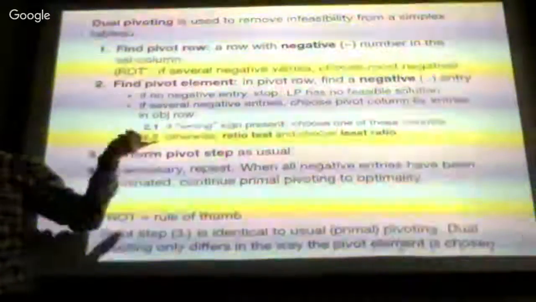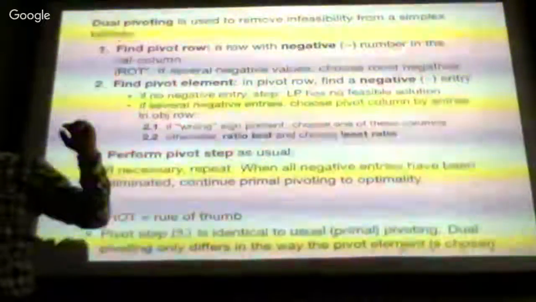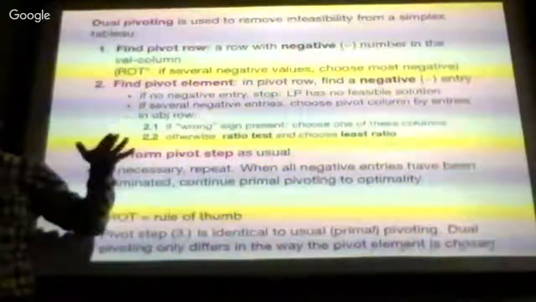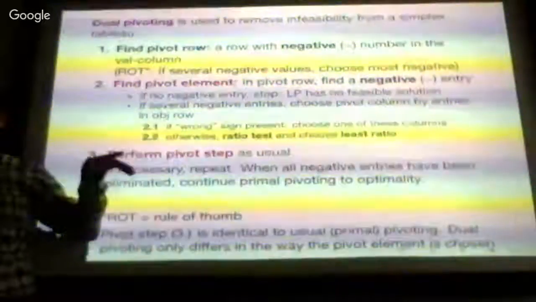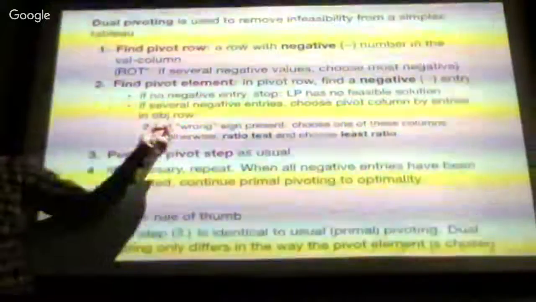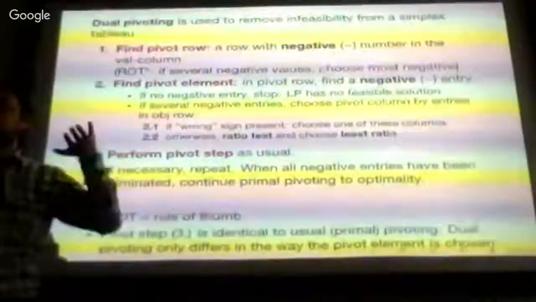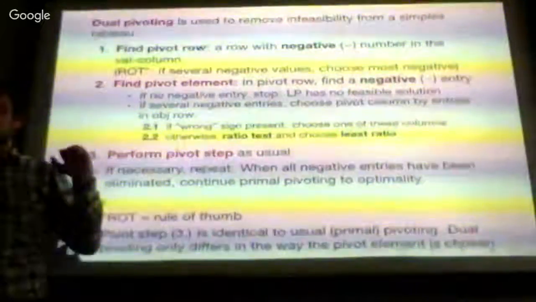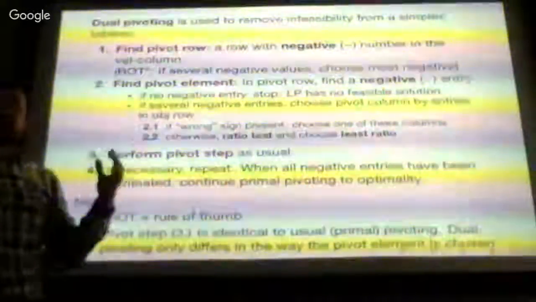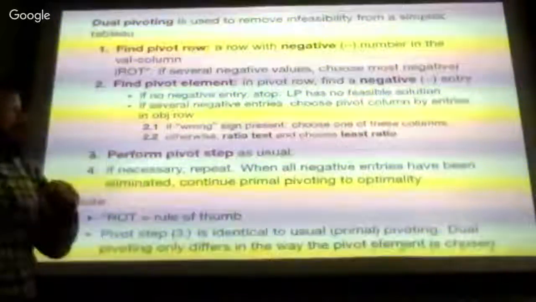It never happened to us. We were trying to minimize, and everything was already negative or 0 in the objective row, so we didn't have to do any final pivoting. But sometimes you have the wrong sign. It's not strictly the dual method, it's some kind of a primal-dual combined pivoting, but that works as well. So you can play around with these tableaus in any way you want.